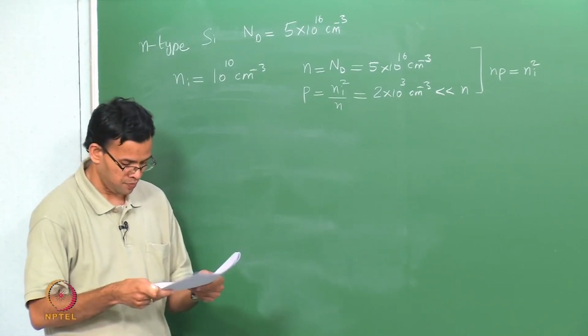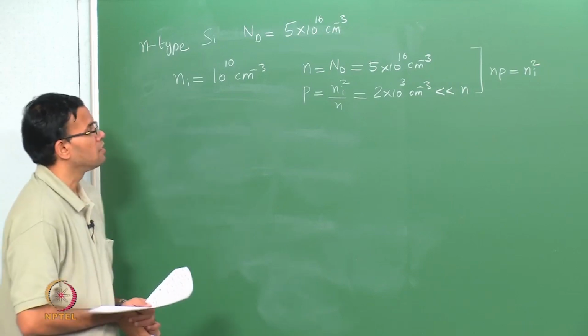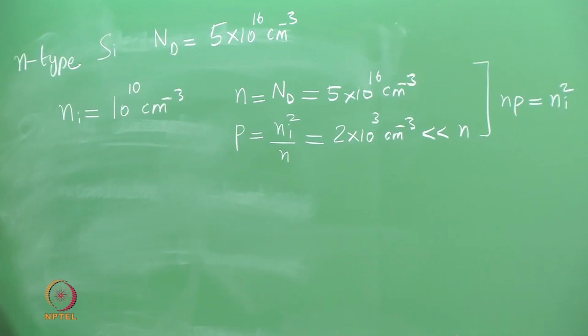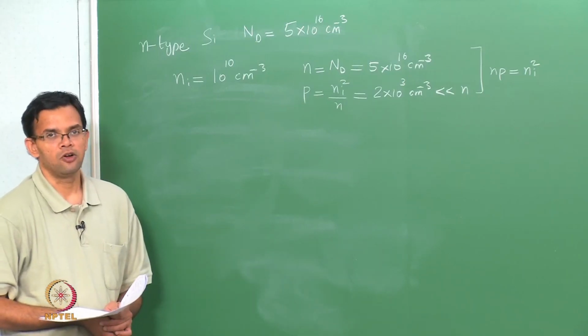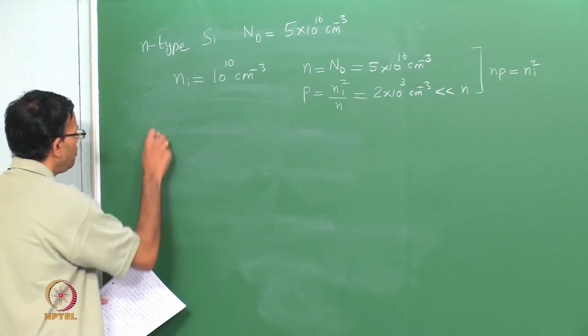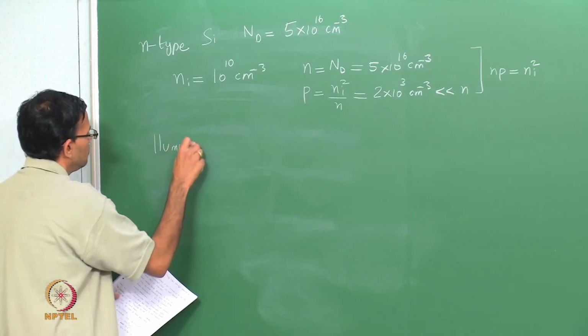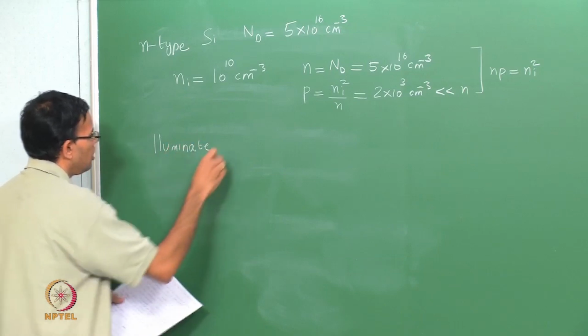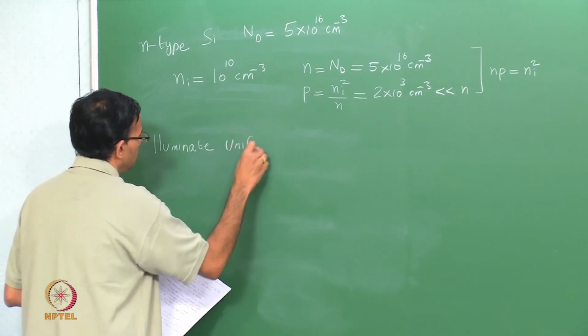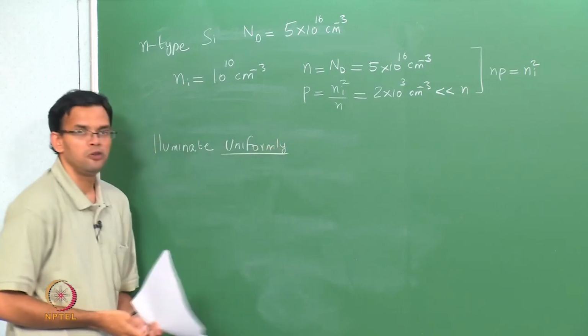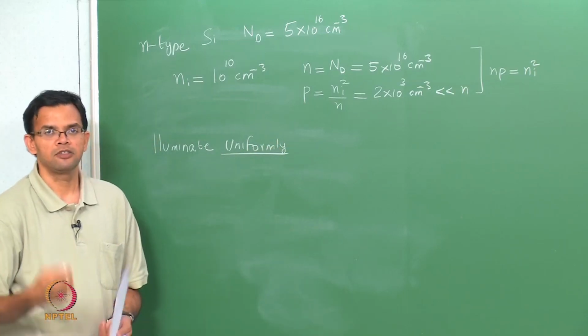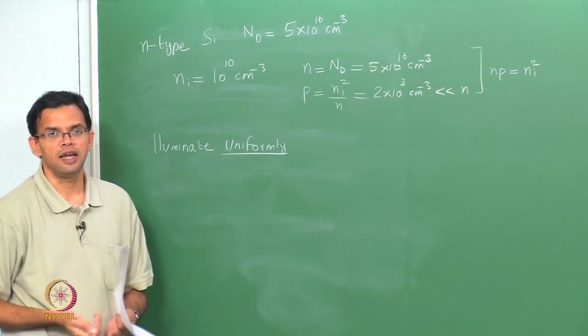So, in this n-type semiconductor, I am going to illuminate it uniformly with light, so that I generate electron hole pairs. When I say uniformly, it means that I have electron hole pairs generated within the entire material.